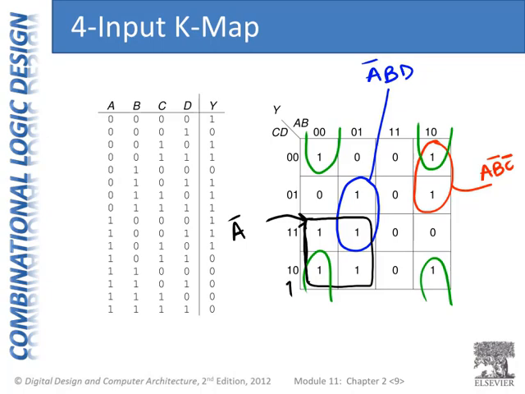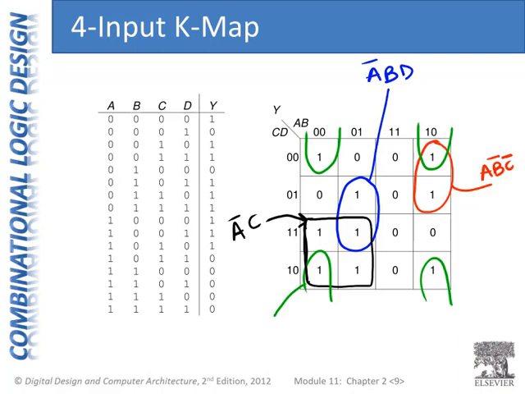It covers just the true form of C, but both the true and complement form of D, so D is not in our implicant. So the implicant for the black circle is A bar C.